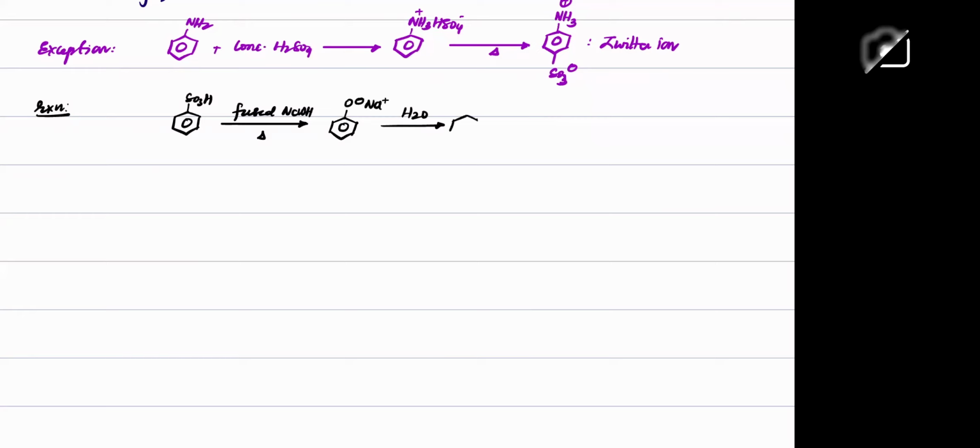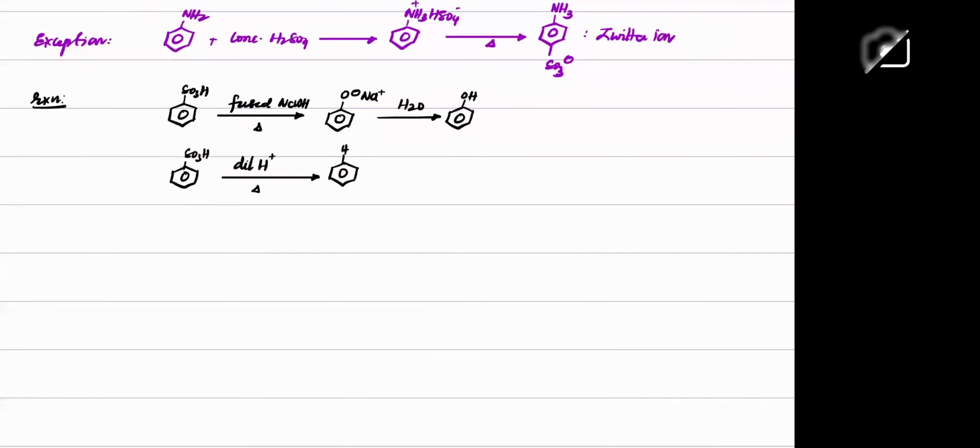Very, very important reaction this is. A lot of time we forget what happens in here. Next one, if you react SO3H with dilute H plus, not concentrated, dilute H plus and heat, this will give you complete desulfonation and you'll get a hydrogen here. Any doubt here?